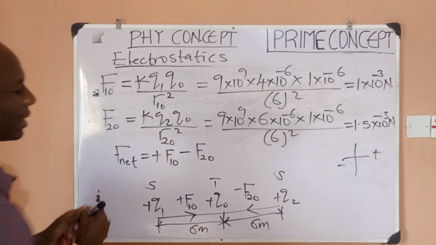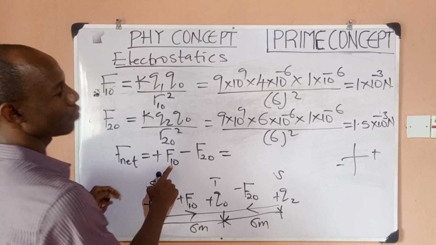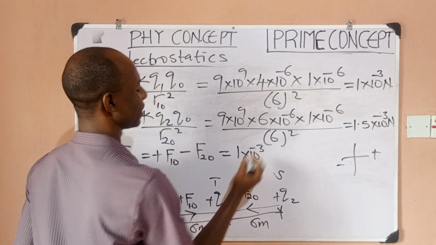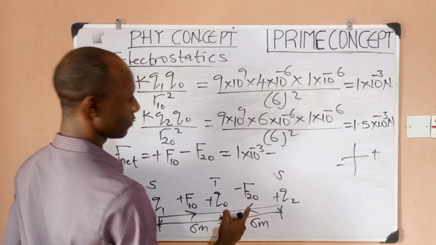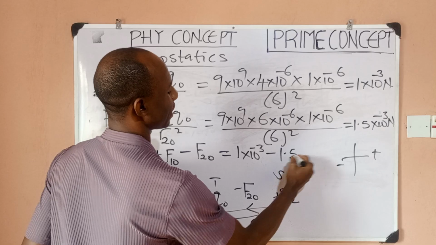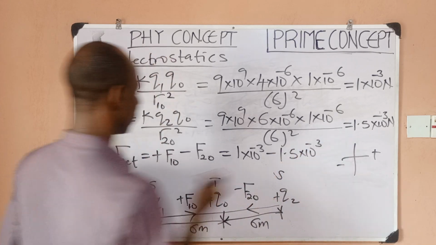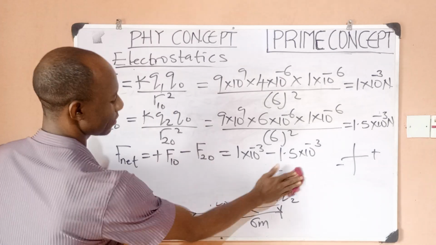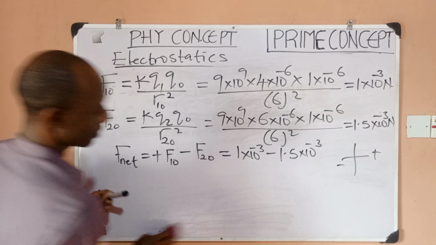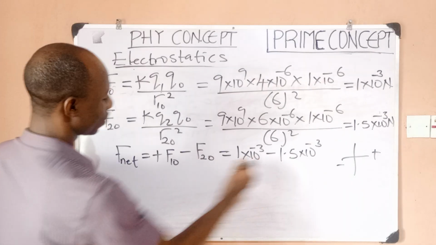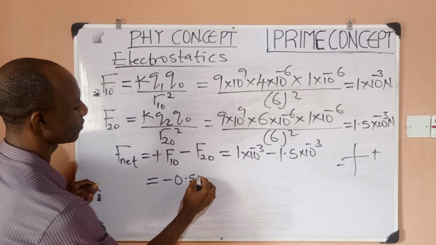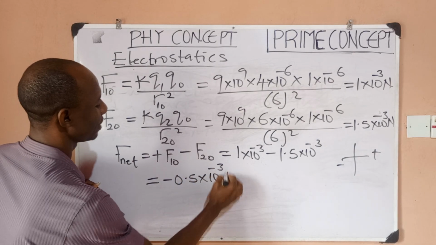If we add them up, F10 is 1 times 10 to the power minus 3, then minus F20, 1.5 times 10 to the power minus 3. When you solve that, 1 minus 1.5 is going to give us minus 0.5 times 10 to the power minus 3 Newton.